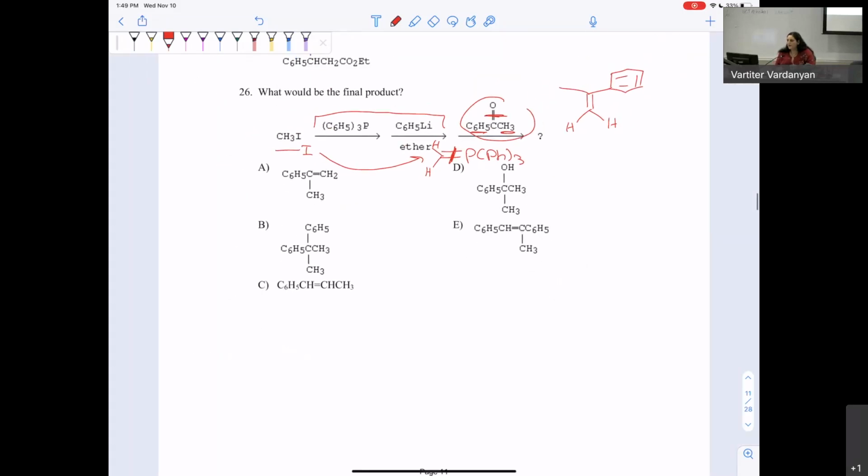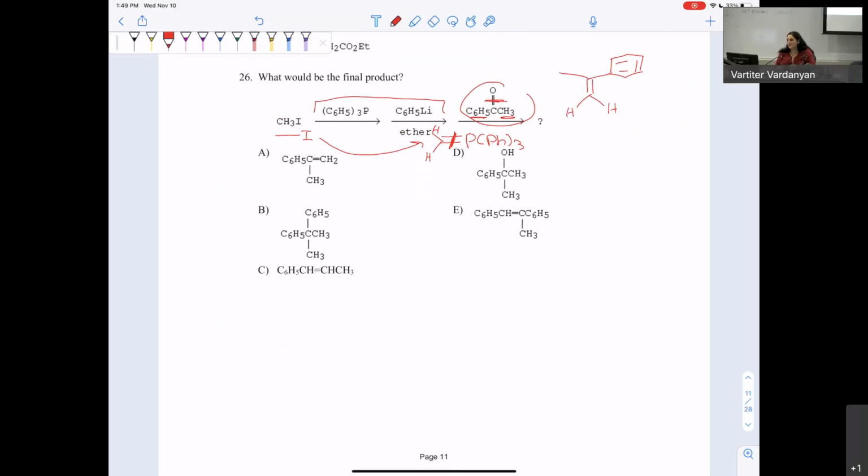So the other part of this, the reason why a lot of students get this question wrong is they get to this point and they draw this out and then they have trouble converting it back to condensed formula. So be super careful. If it doesn't have a double bond, it's automatically wrong. So this is wrong and this is wrong. Now we just have to put the double bond in the right place.